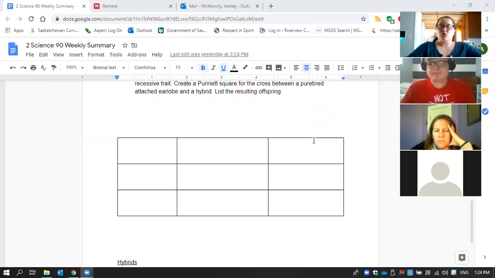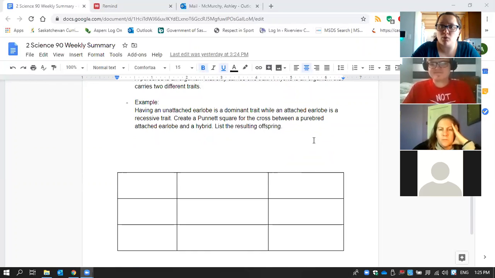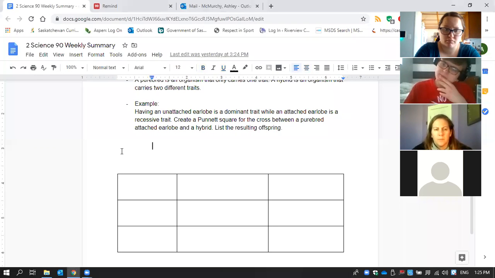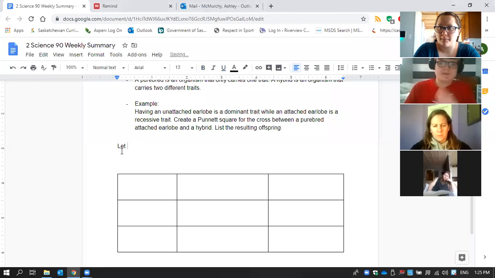Our first thing with a Punnett square is to talk about what letter we want to use to represent this trait. We have unattached earlobe and attached earlobe. What letter do you guys want to use? Let's go with C. Sure.